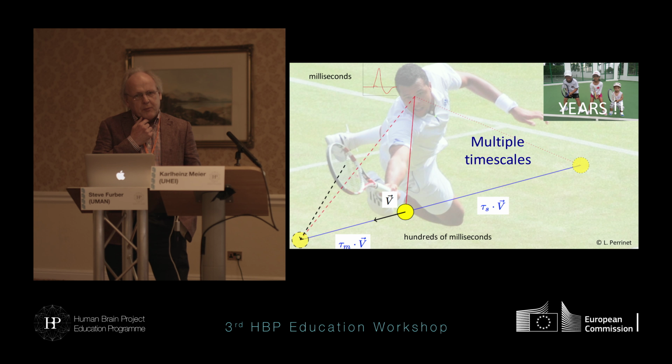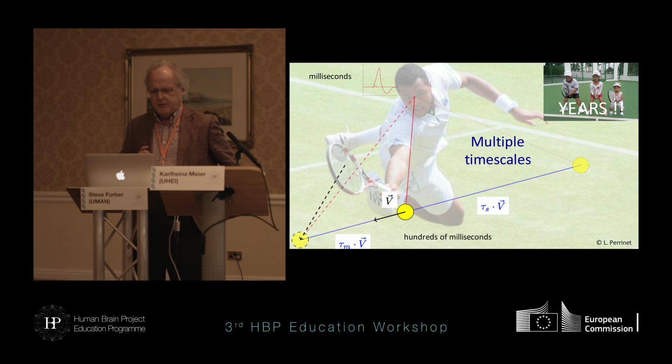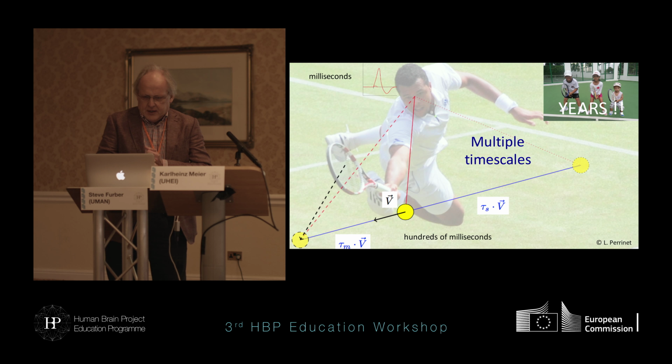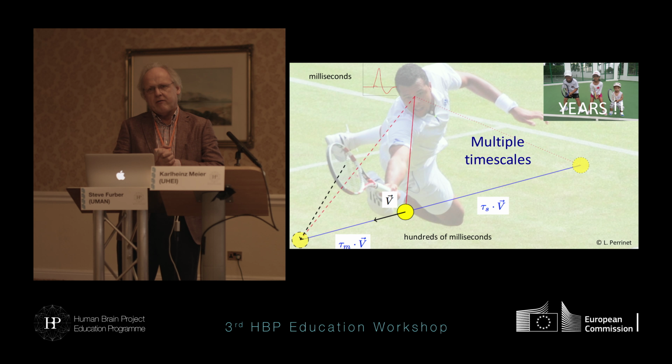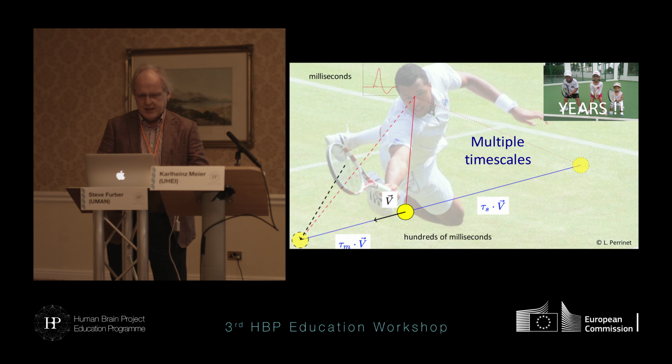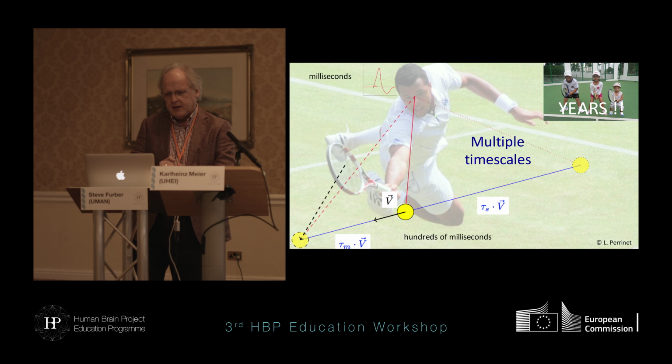To give you some examples of how these are manifest in real life, here's a tennis player diving for a ball. It looks like a virtual ball, so he's going to miss it. But if you think about what he's trying to do here, tennis is a game that requires very rapid reactions and physical movement, but those gross movements are on the time scales of hundreds of milliseconds.